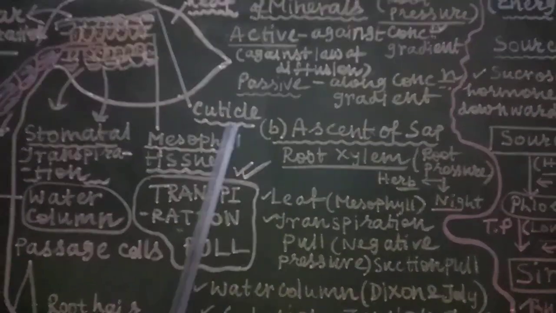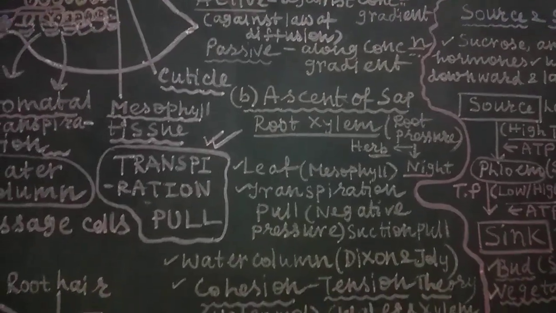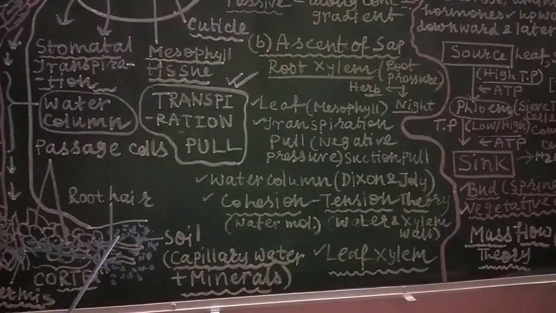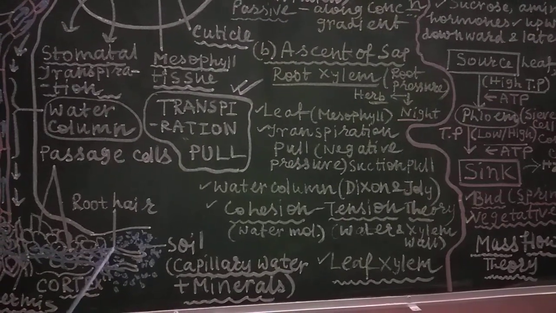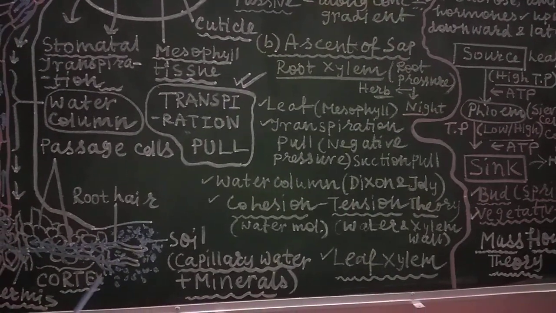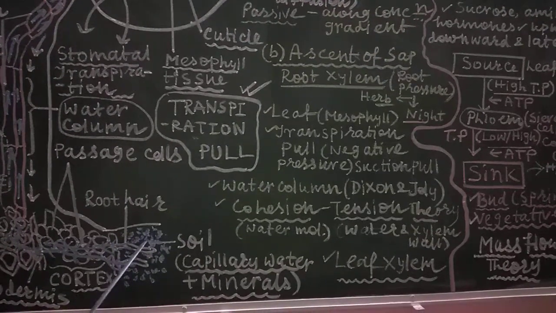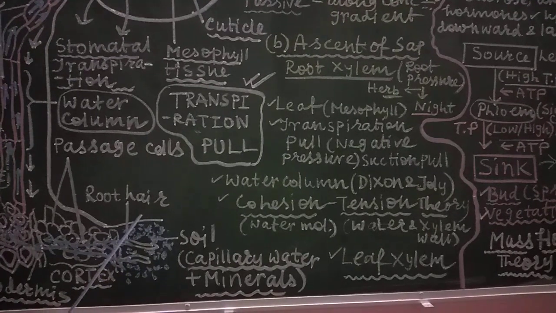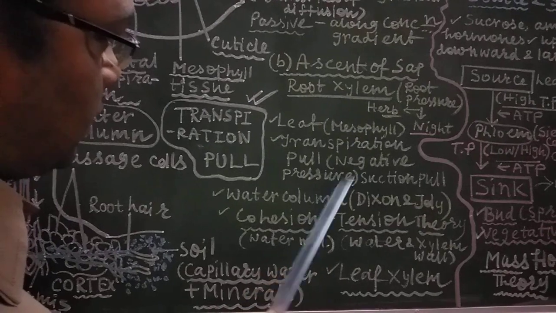In this movement of water, root hairs play an important role, because they are in direct contact with the soil. Mainly plants can take the capillary water which is present between the soil particles. Root hairs are single cells, and their walls are very thin, through which by the process of osmosis the water is entering inside.